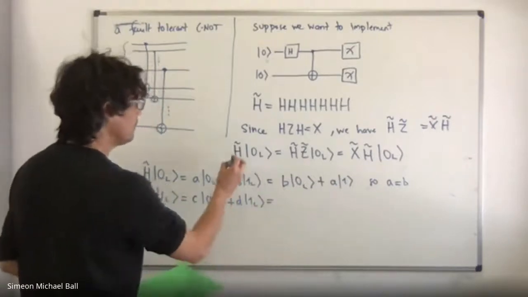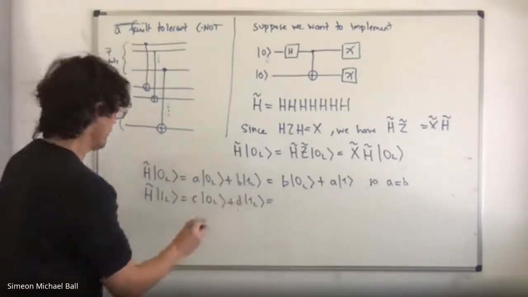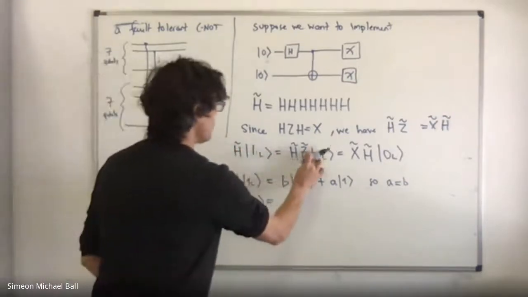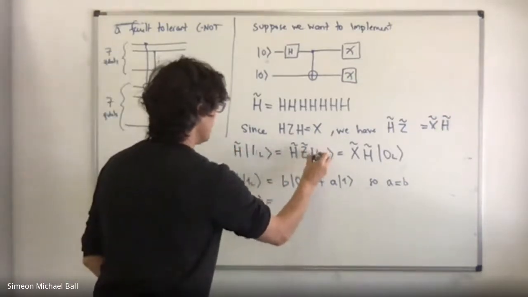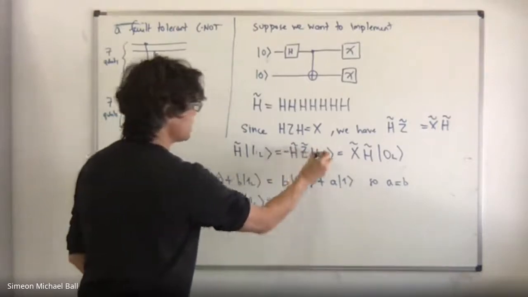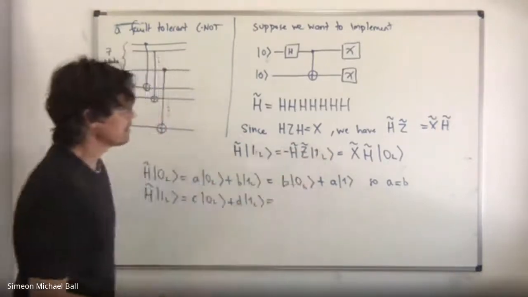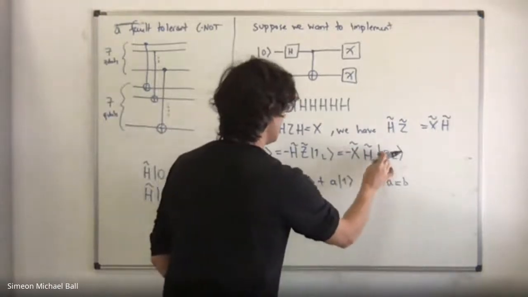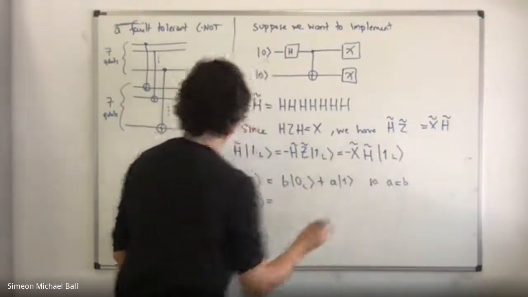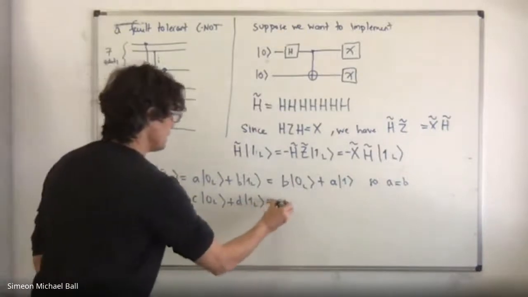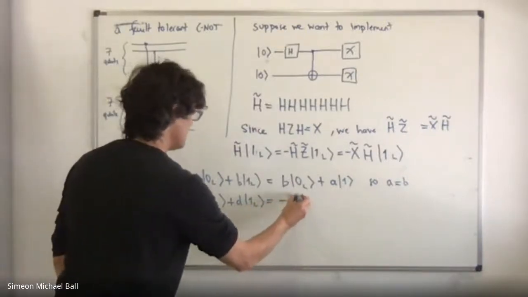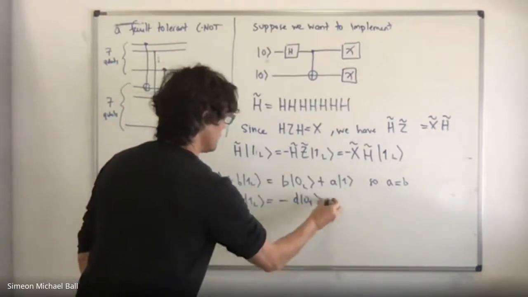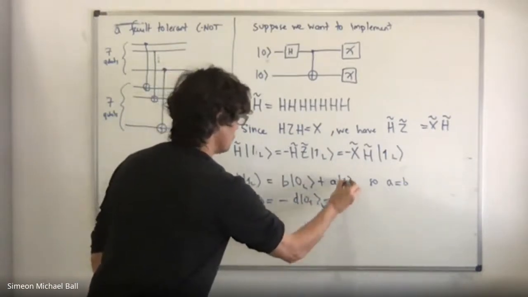So in the one logical case, if I change this to a 1, this is a 1, and this is a minus 1, because then one logical is minus one logical, so then this is minus X of one logical. So here this is then minus D zero plus minus C one logical.